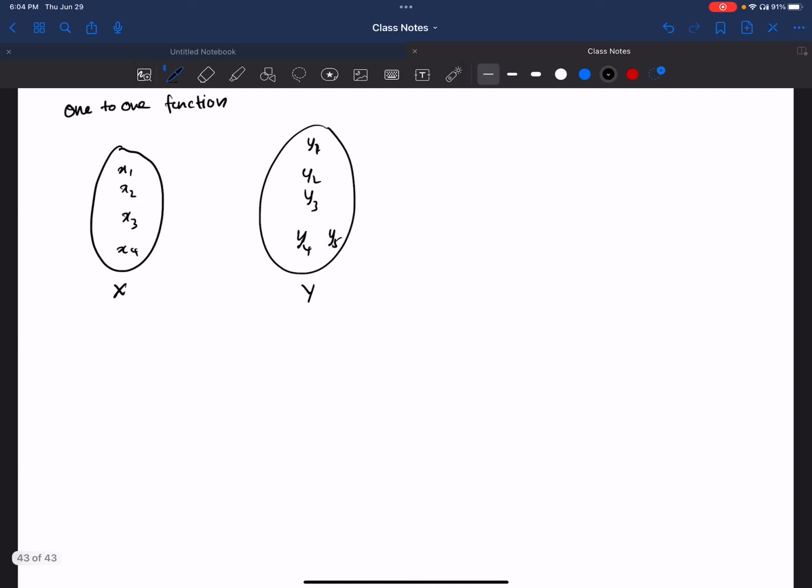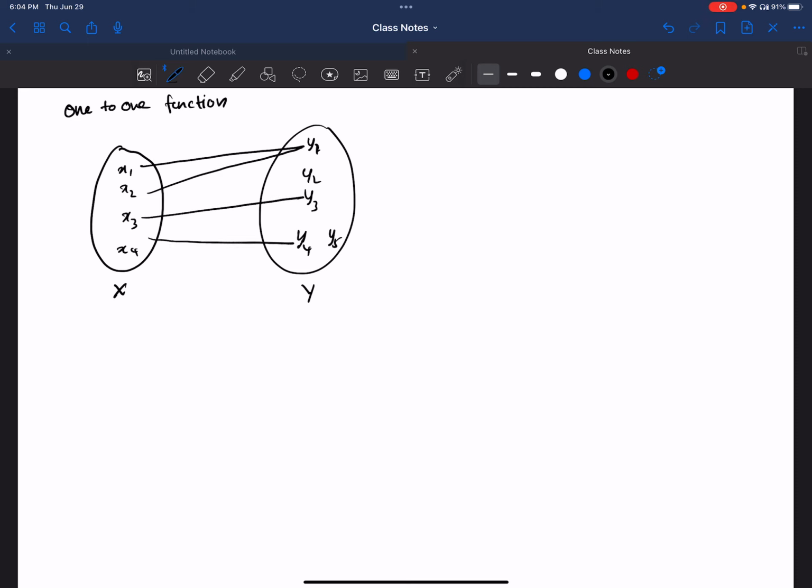This function maps the items in the domain to some element in the codomain. Each x value has one unique value in the codomain.